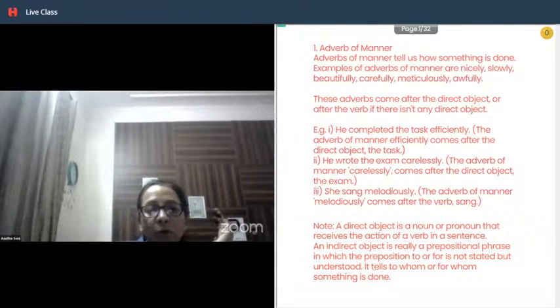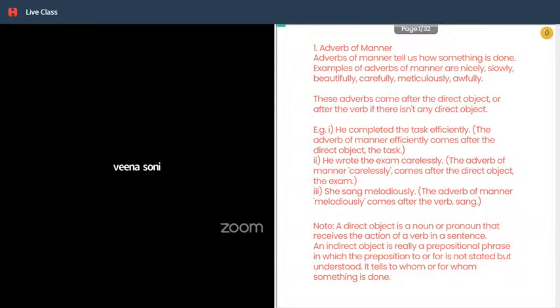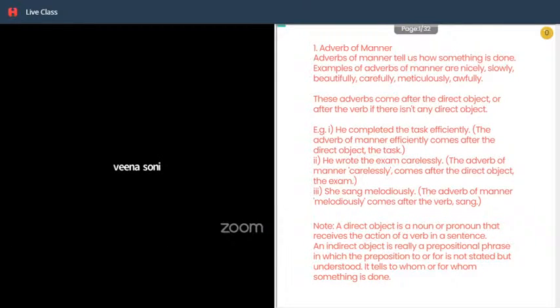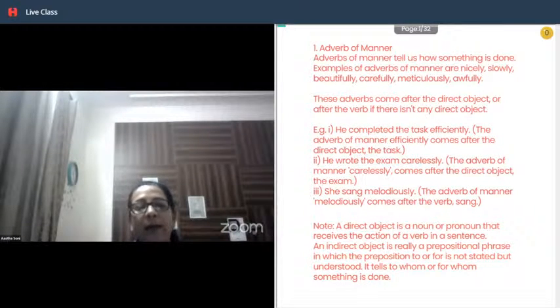The most important thing we have to check here is whether there is a direct object, which is a noun or a pronoun. What is a direct object? There is a subject, and the subject is referring to some object. A direct object is a noun or pronoun that receives the action of a verb in a sentence. An indirect object is really a prepositional phrase.